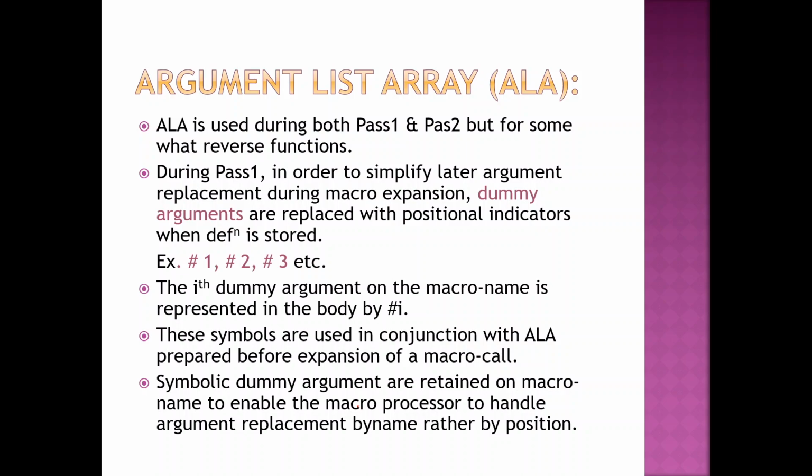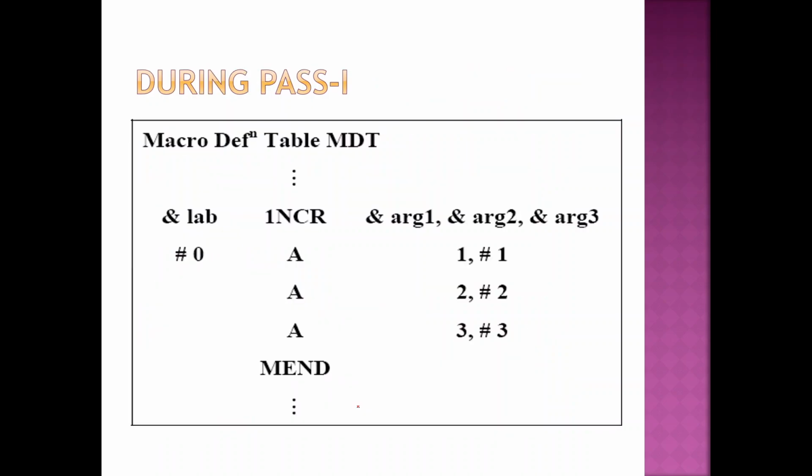Let us see one example so that you understand. Let us say here in your macro name table, we saw the macro name table, if you remember. Actually in the one we saw before, it was a1, comma, argument 1. But here the macro processor would have renamed all the arguments.